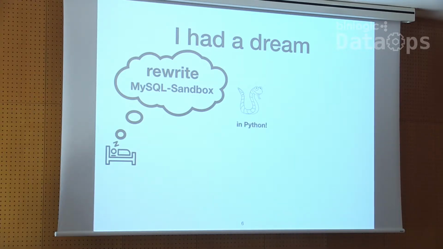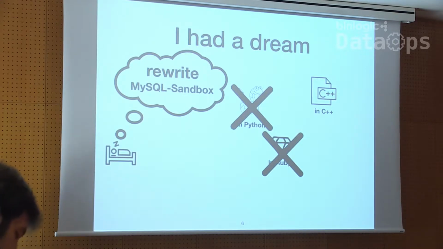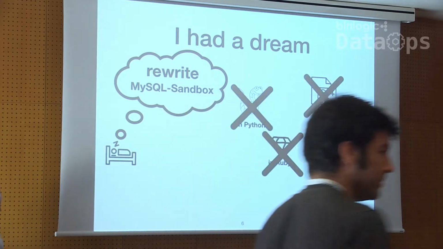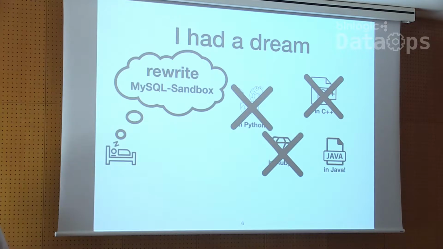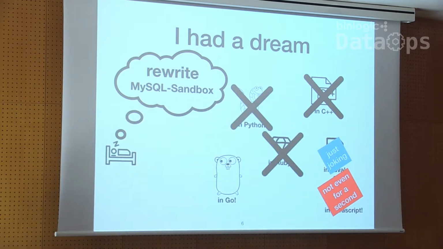I could do that in Python, but then I changed my mind, in Ruby, and Ruby disappeared. In C++, I seriously thought about that. In Java, just joking, or in JavaScript, no. And finally, I said, in Go.